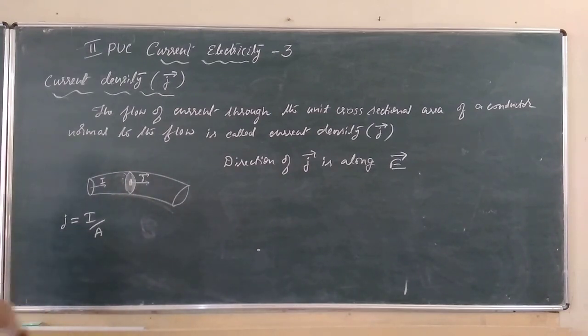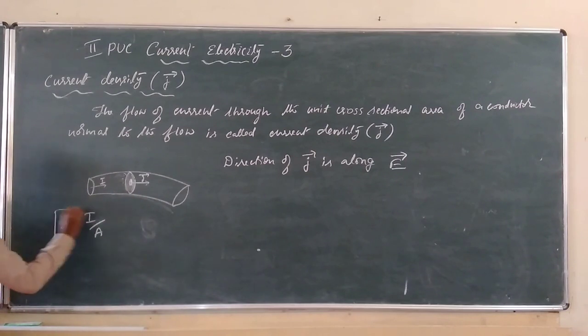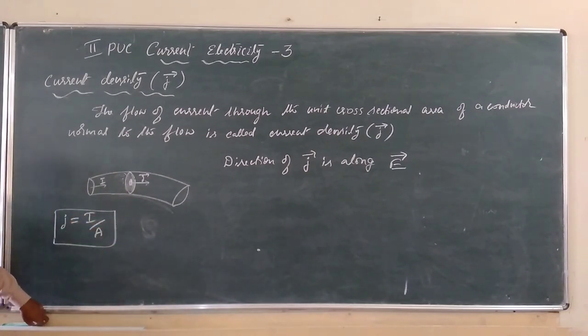So J is equal to I by A, current defined per unit area which is held normal to the flow of current. Okay, so that is about current density. Next we move on to the relationship between current density and conductivity. In the previous class we defined conductivity, right? Conductivity is the inverse of resistivity.